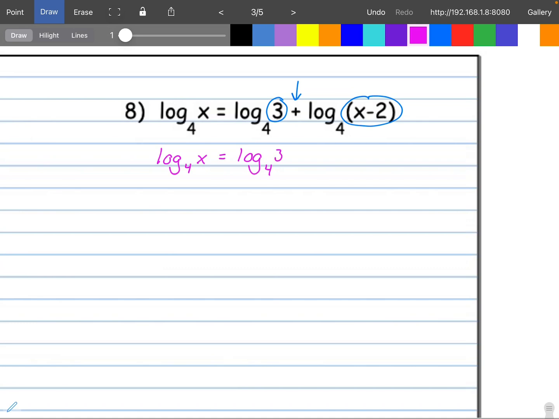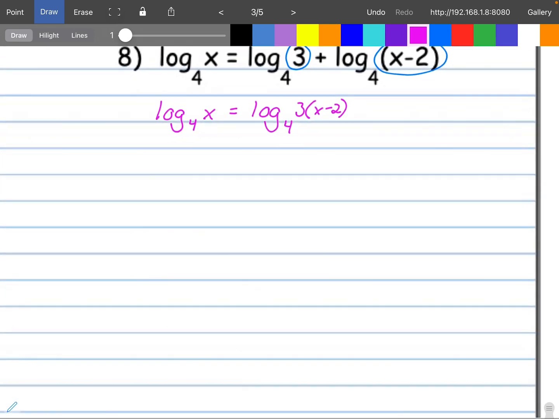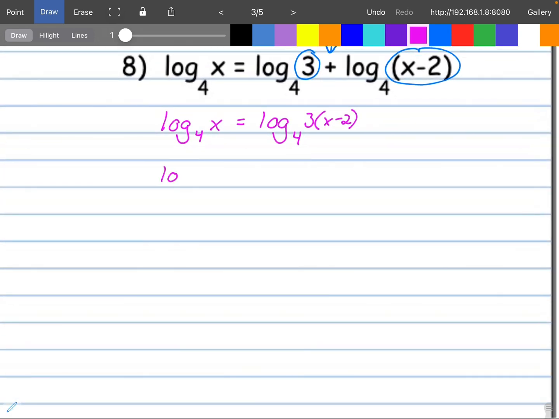So we're going to have log base 4 of 3 times x minus 2. So we can go ahead and distribute that out. So we would have log base 4 of x equals log base 4, and if I distribute that 3, not just multiply it by the x, but distribute it, we're going to have 3x minus 6.